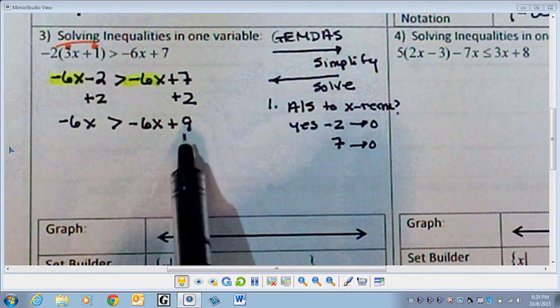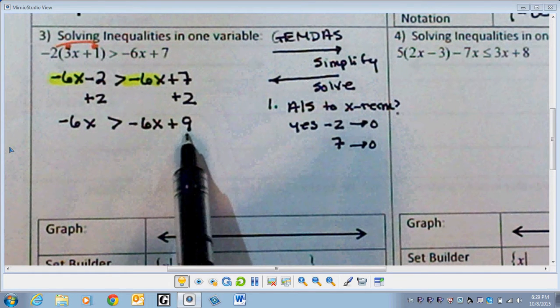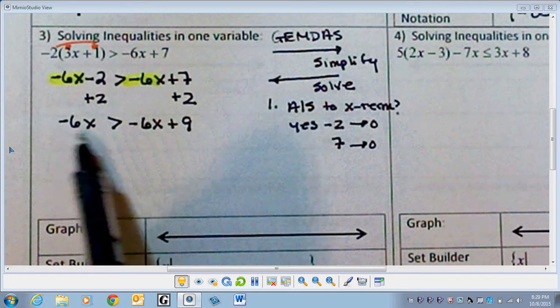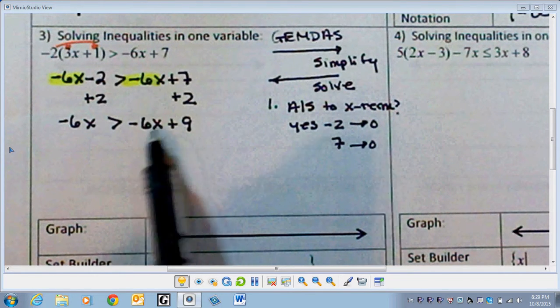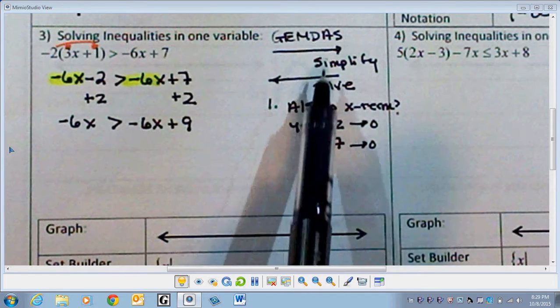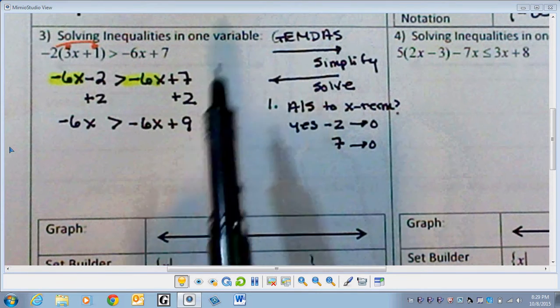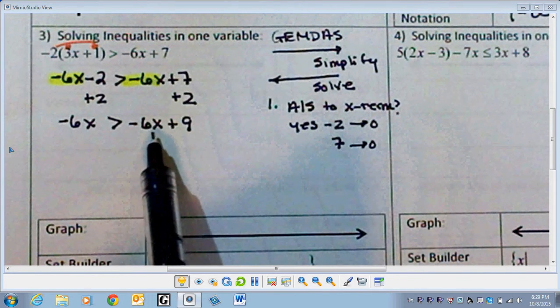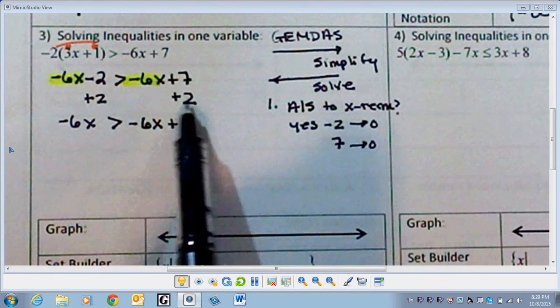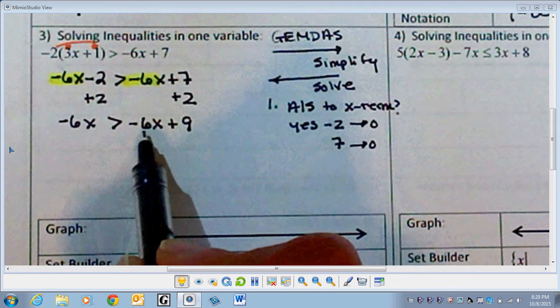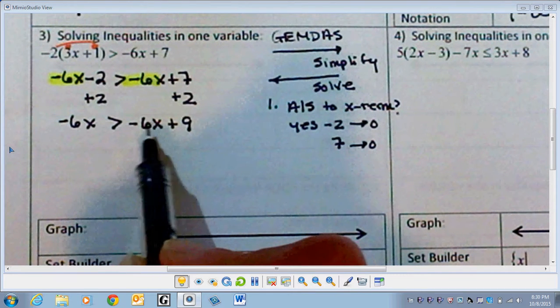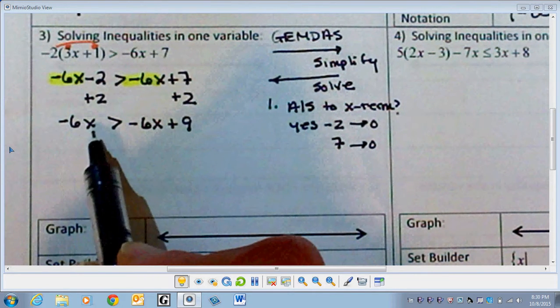If I were to then try to get rid of this and put it over the other side, it would be stuck with the x term over there. So what we're going to do now is we're going to kind of abandon this whole idea, and we're going to use the reflexive property, which is what we did when we added 2 to both sides. I want to get rid of this -6x and bring it over to this -6x.